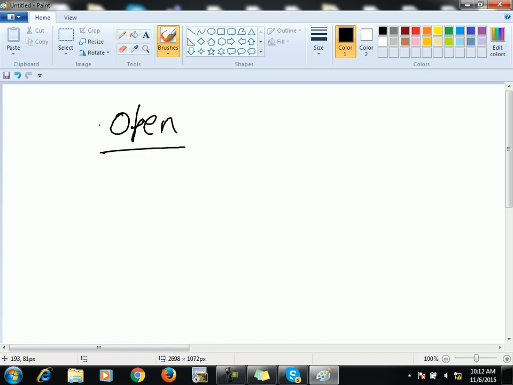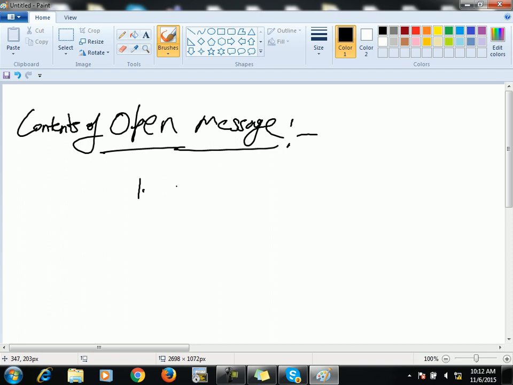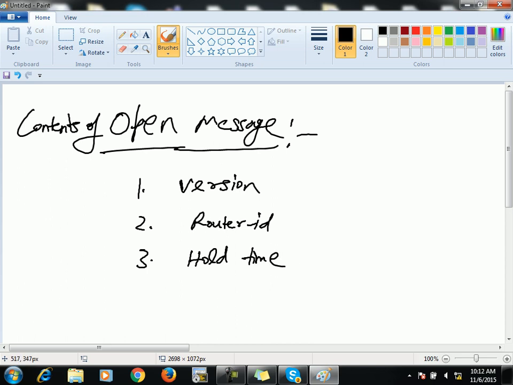And if you talk about the contents of the open message, it will have version, router ID, hold time, and of course its own AS, and some other capabilities are also there, right? Some other capabilities will be kept by the open message itself.